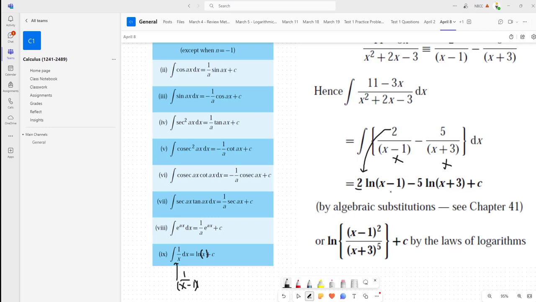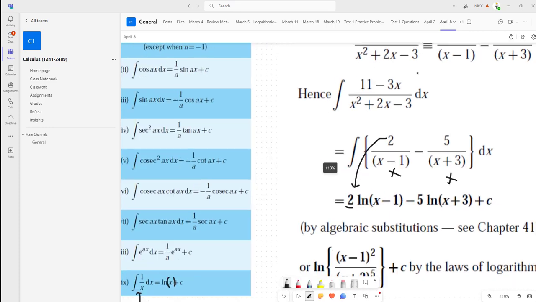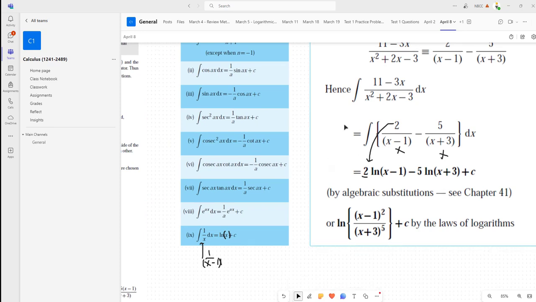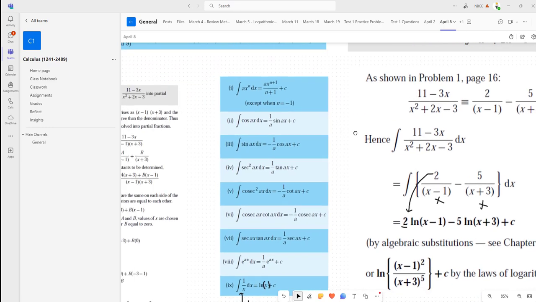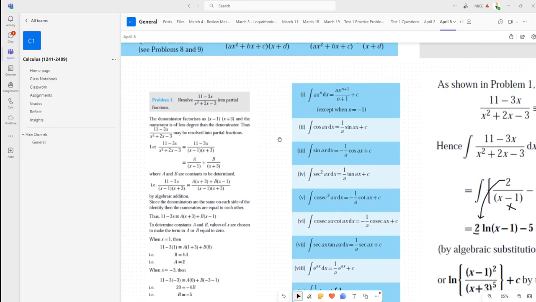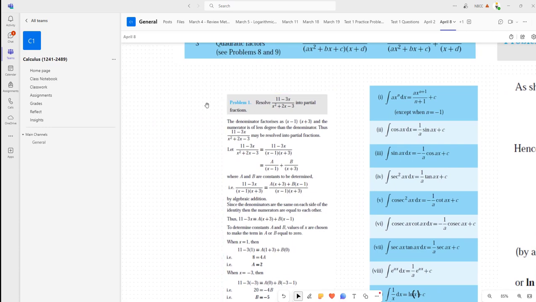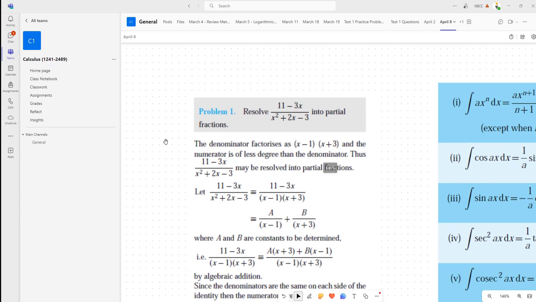The hardest part, I think, that you guys are going to find for these types of questions is this first bit, which is separating out the partial fractions themselves. So I'm just going to spend a second here explaining that. I've copied over how to break down partial fractions.